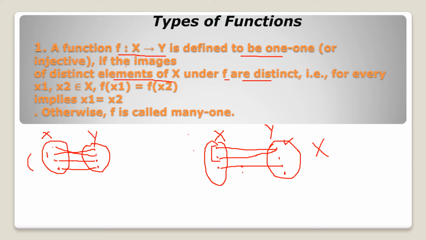So when we prove it in questions, how will we do it? It means that for every x1, x2 belonging to x, f of x1 is equal to f of x2 implies x1 is equal to x2. What does this mean? It means that if two images are equal, this will imply that the points are also equal. Let me show you what this definition is saying.